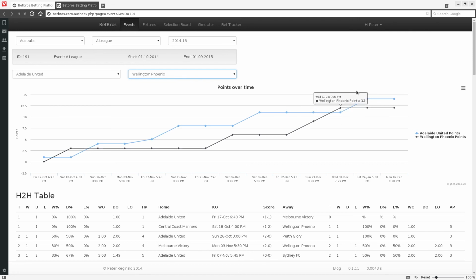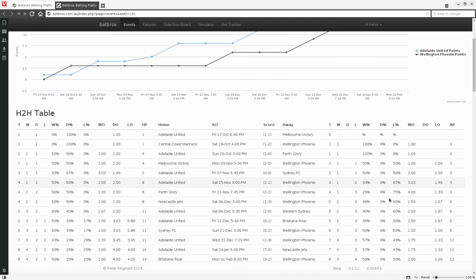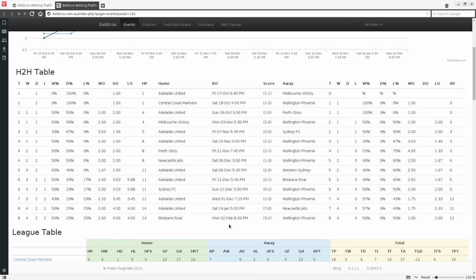I wonder what that means. So we can see here that even though Adelaide United had played Wellington Phoenix back on December 31st, we can see how they performed after that. How did Adelaide perform after that match, and how did Wellington Phoenix perform after that?